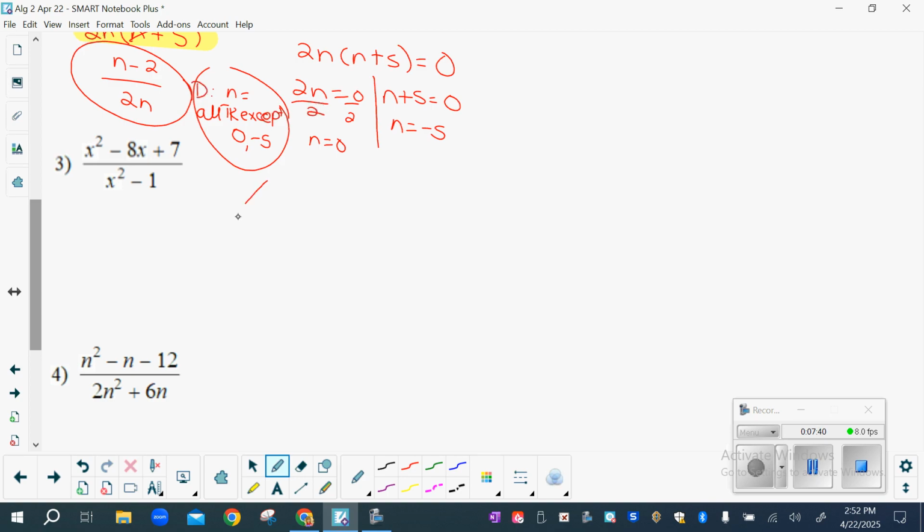Yes, and so what do we put on the top? What's on the bottom? Good, and what numbers were they? 8, or negative 8, or negative 7 and negative 1. Negative 7 and negative 1. So we have x minus 7 times x minus 1.